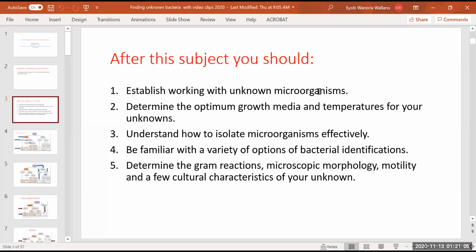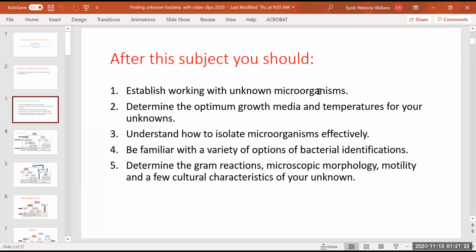So if it is Staphylococcus, how do you differentiate? By coagulase, good. What about Streptococcus or streptococci? Streptokinase. That is one enzyme way, and then there is another way also.